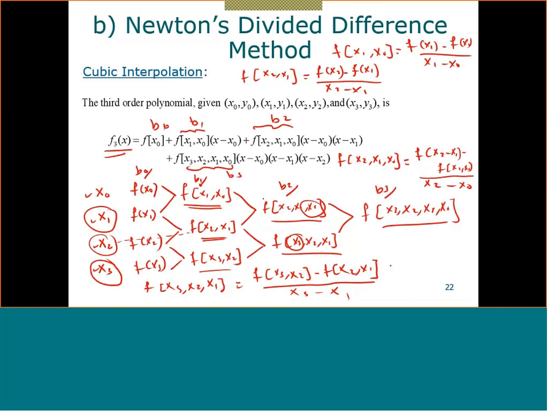However, I will need to do the whole calculation to find the other B's, because, for example, B2 is nothing but this minus B1 divided by x2 minus x of 0. So I need to do the whole thing. You can look here carefully: B0 is f of x of 0, which is this one. B1 is f of x of 1, x of 0, which is this one. B2 is f of x2, x1, x0, which is this one. And finally, this is the last one.